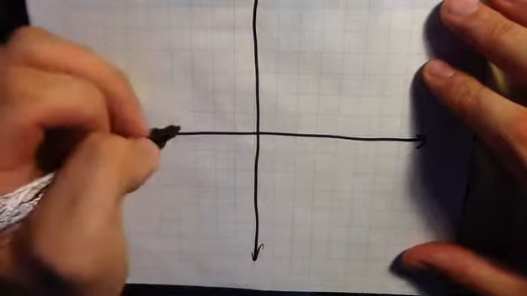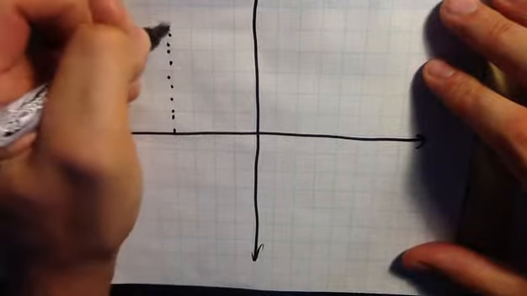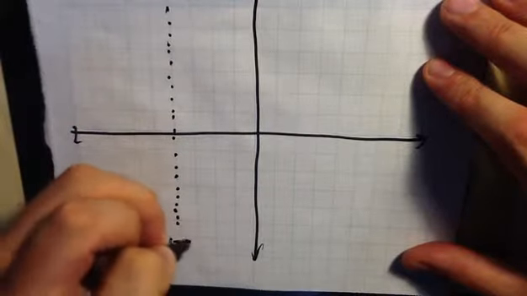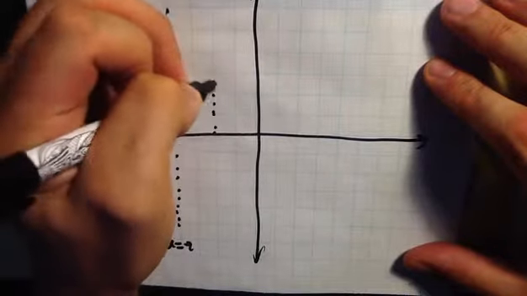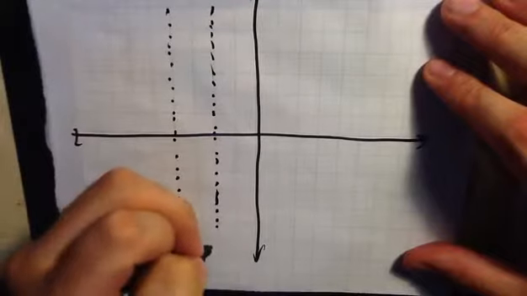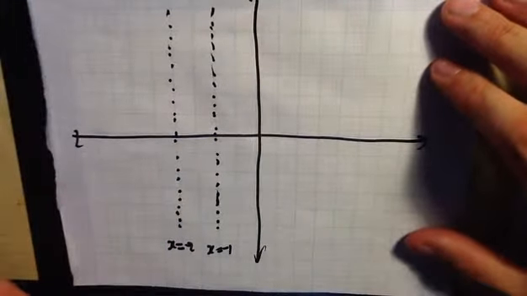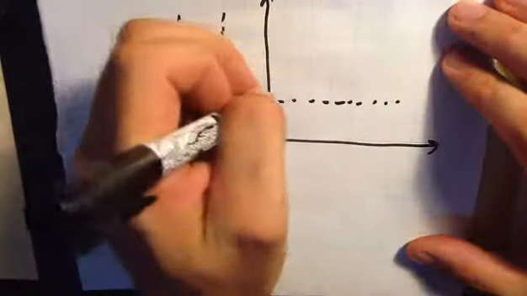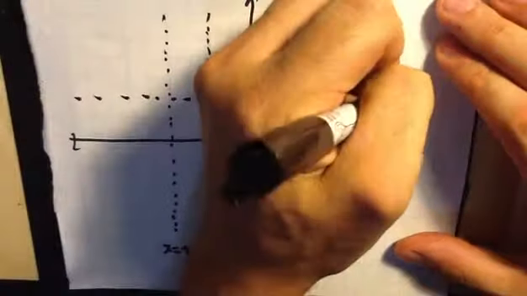So let's say that's negative 2. I know there's another one at x equals negative 1, so let's put that one here. What else do I know? I know that there's a horizontal asymptote at y equals 1, which we worked out. So that's at y equals 1.